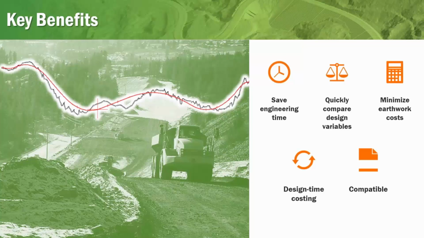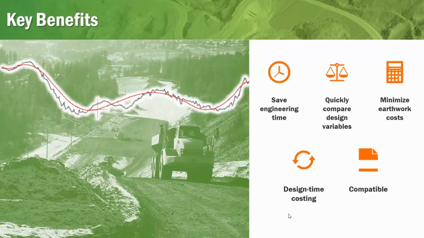So why would one want to use Softree Optimal? The main reason is that you can save a lot of time in your design, and you can quickly compare different alignments, vertical and horizontal, and you end up with the minimum road cost. Now, these are earthwork costs, so there are other associated costs with the road, but we can minimize the earthwork costs, and it basically reduces your design time.